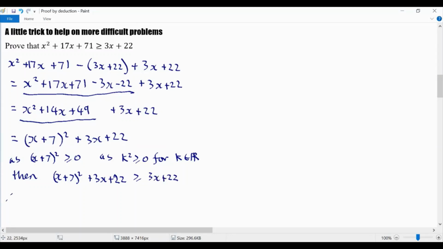And therefore, well, we've proven it. We've proven that x squared plus 17x plus 71 is greater or equal to 3x plus 22 for x is any real number.